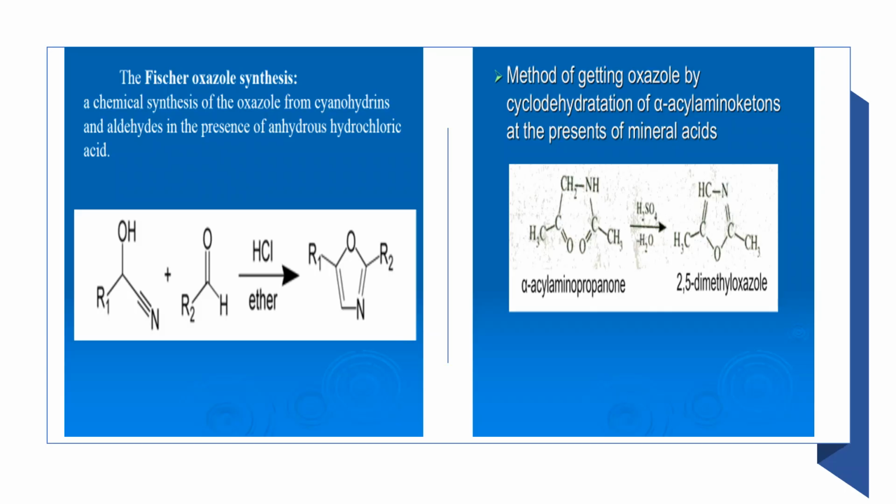So these are the two methods. Next is Fischer's oxazole synthesis. What is this Fischer's oxazole synthesis? You take a cyanohydrin. What is cyanohydrin? It contains a CN group and an OH. You treat it with an aldehyde in presence of anhydrous acid. That means there should be no water in that.